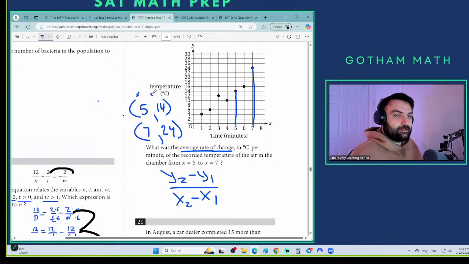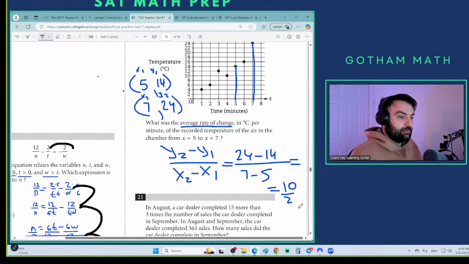You put x, you put y, you put x, you put y, you put 1, 1, you put 2, 2, and let's go. 24 minus 14 over 7 minus 5, which is 10 over 2, which is 5.